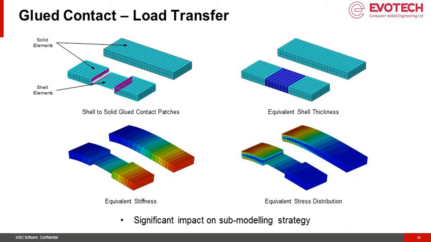Running the analysis, we can see that we've got equivalent stiffness in terms of the displacement of the two approaches, and also equivalent stress distribution for the two approaches. Now this has significant impact on the submodeling strategy, which we'll come on to in a later tutorial.